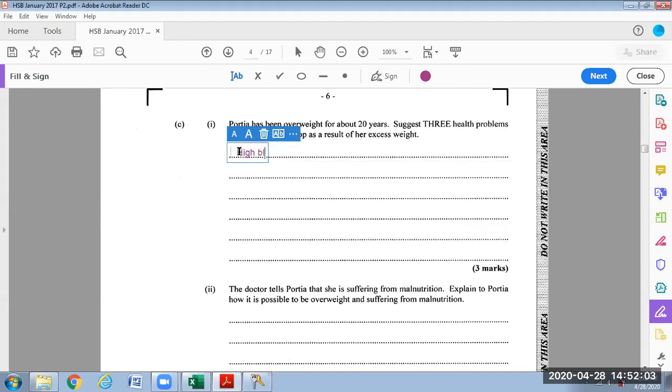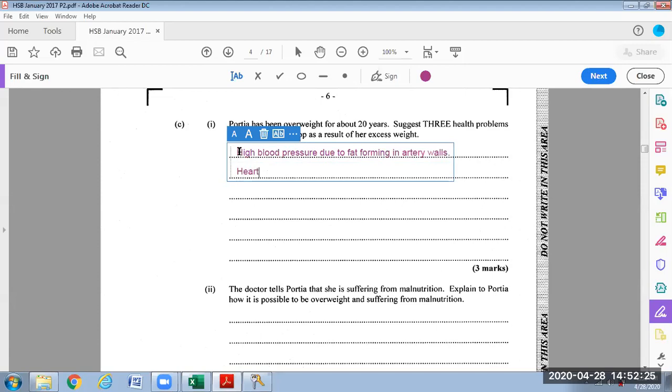High blood pressure due to fat forming in artery walls.